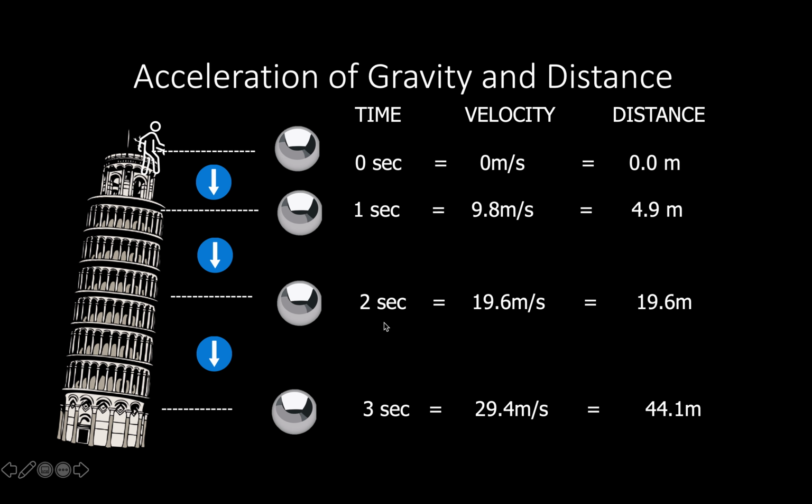So if I put this all together now, this is what it's showing. At 0, the speed is 0 and the distance is 0. At 1 second, it traveled at a speed of 9.8, and it covered a distance of 4.9 meters. At 2 seconds, it doubled the speed, 19.6, but because time is squared, it quadrupled its distance.